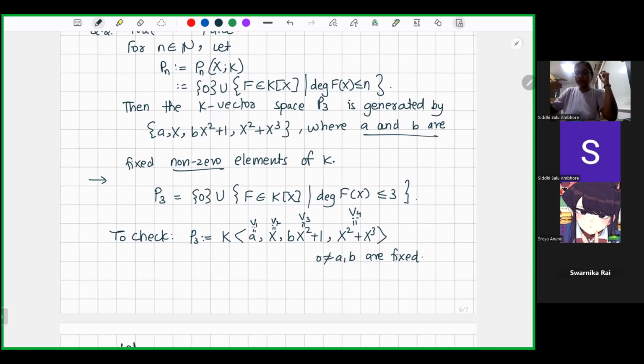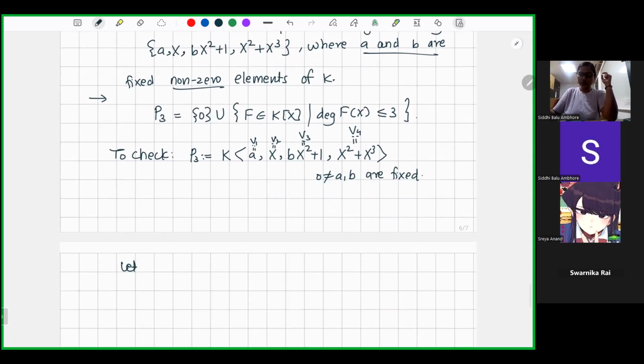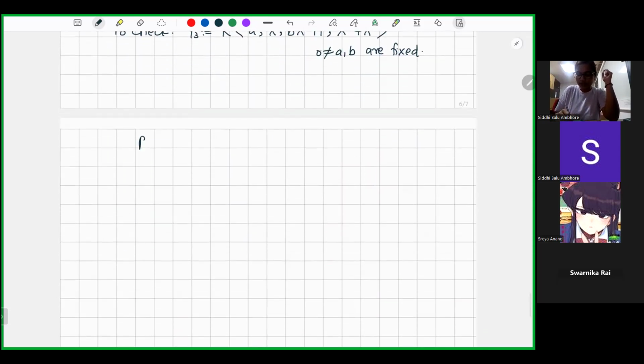Because the degree of 0 in general is difficult to define. If we take some polynomial p(x), we write it like a_n x^n plus up to a_(n-1) x^(n-1), and so on. Then we say the degree of p is the maximum n, the maximum power of x such that its coefficient is non-zero.